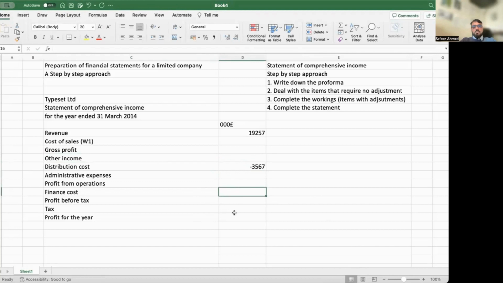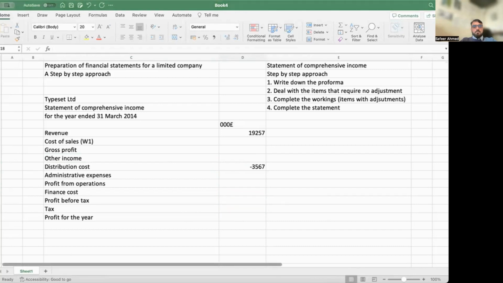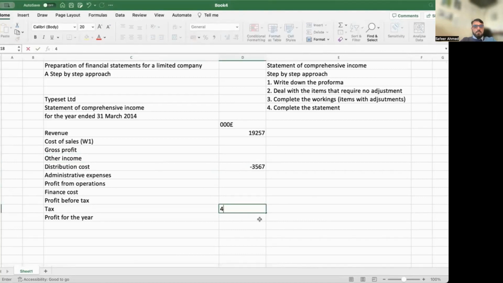Finance cost, there is an adjustment in relation to finance cost, so I will explain that to you in a minute. But for tax, there is no adjustment. So this is the tax which is given to you as part of the further information. Corporation tax charge for the year is calculated as 493,000. So 493.